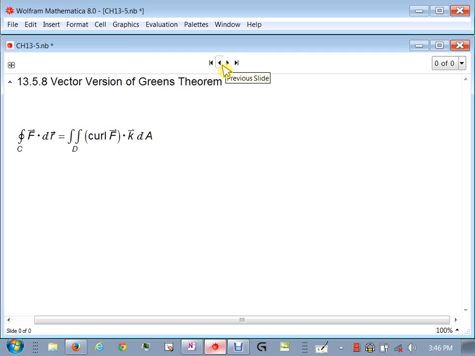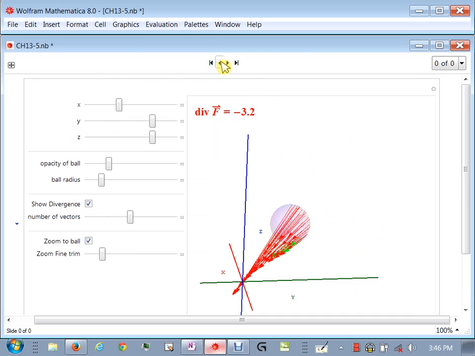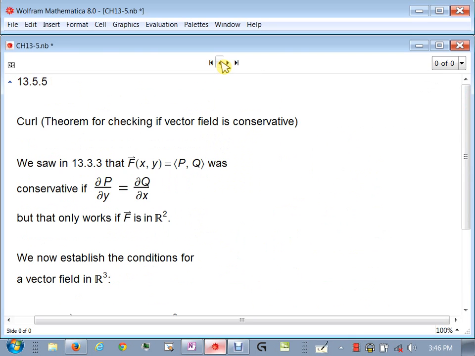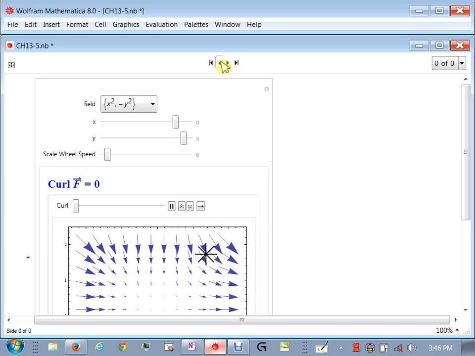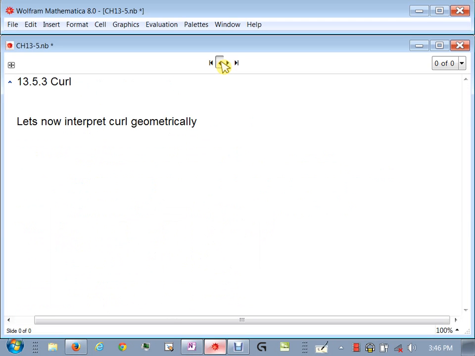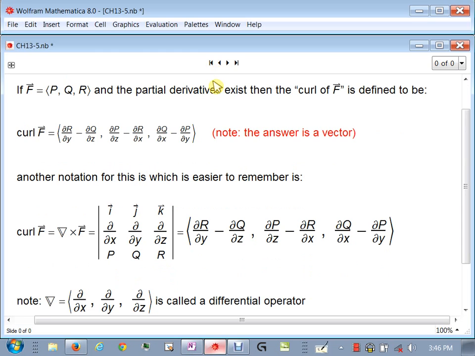What was curl? Curl is that big ugly formula, right? But look at the last component. What's the last component? Partial q with respect to x minus partial p with respect to y, right?